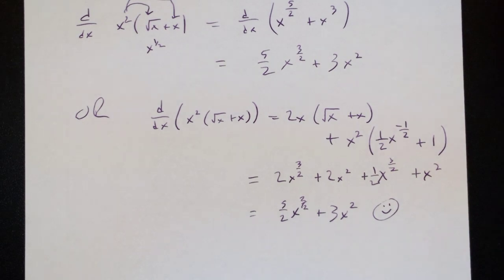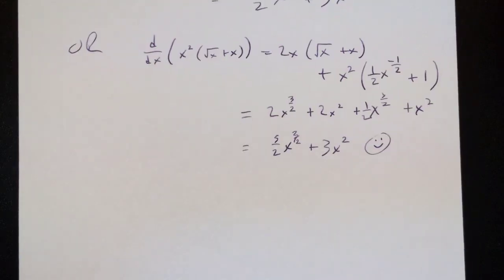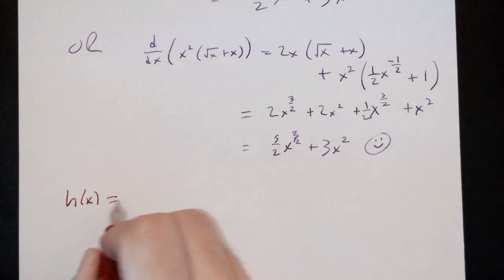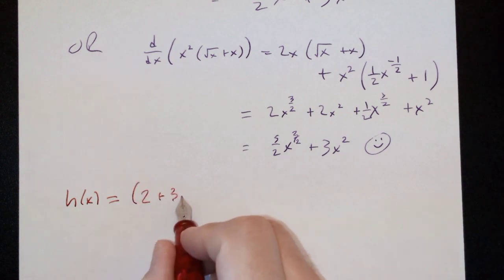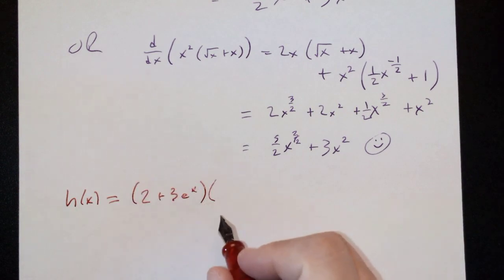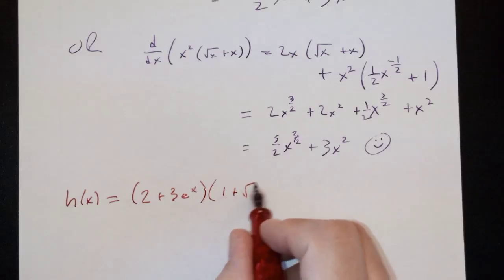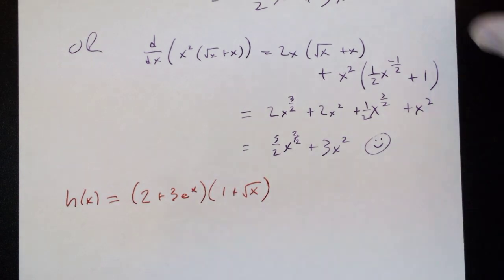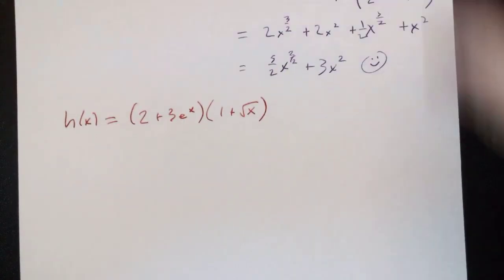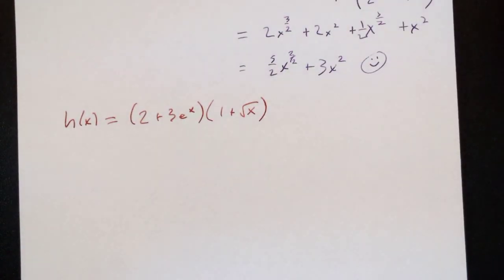Sometimes the fact that it can be done in either way doesn't actually help us out. Each piece here is in a set of parentheses, which means if I really wanted to, I could FOIL this out.